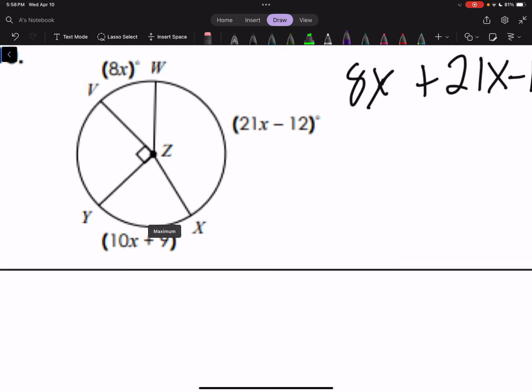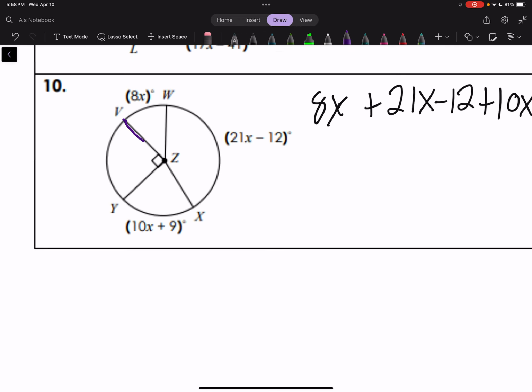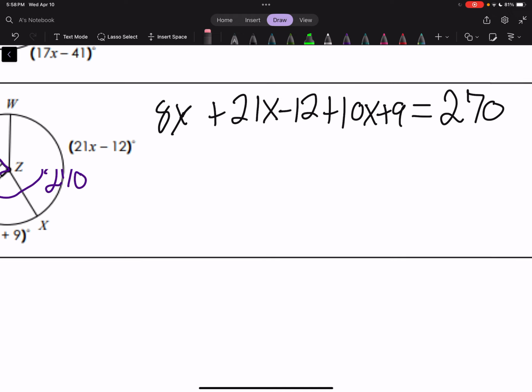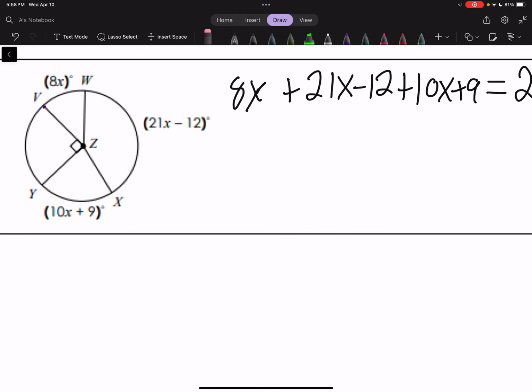Alright, now I'm going to tell you. Look here, I know this degree is 90. If 90 degrees is on my angle VZY, or arc VY, whichever you prefer, the rest of this has to be 270. That's why I'm doing the math equation like so.